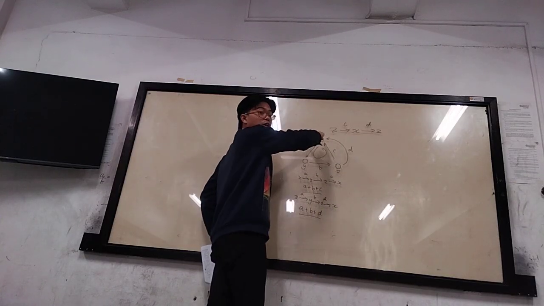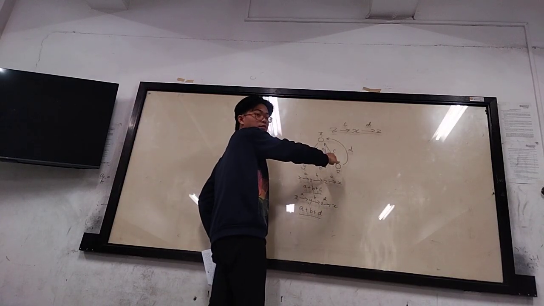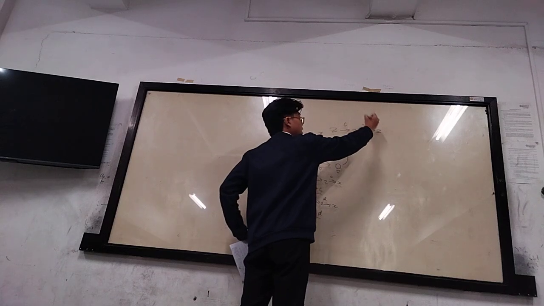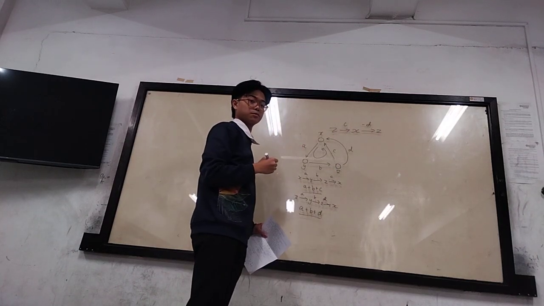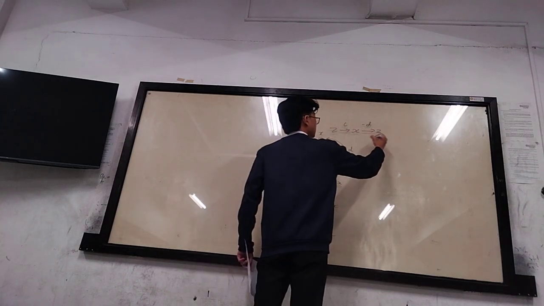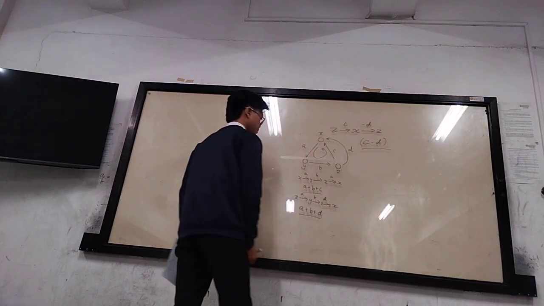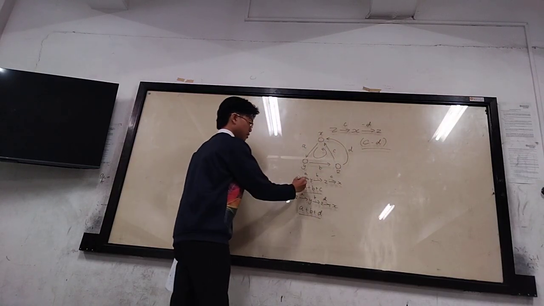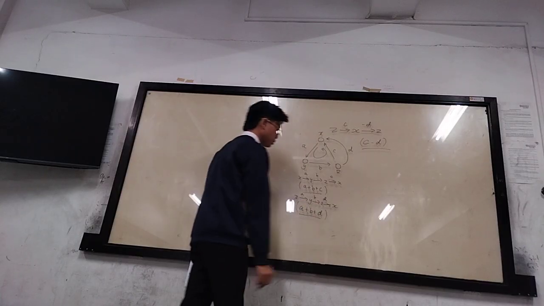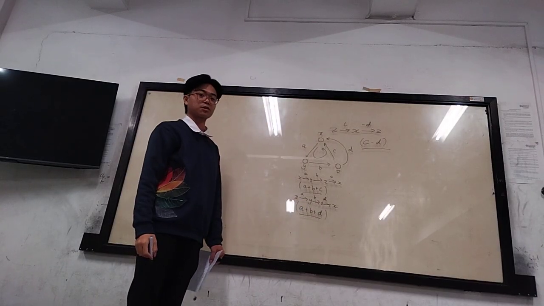And since I'm traveling converse to the direction of d, I'm going to denote it with a minus sign. So it would be c minus d. It's my third cycle. So a plus b plus c, a plus b plus d, and c minus d are my cycles.